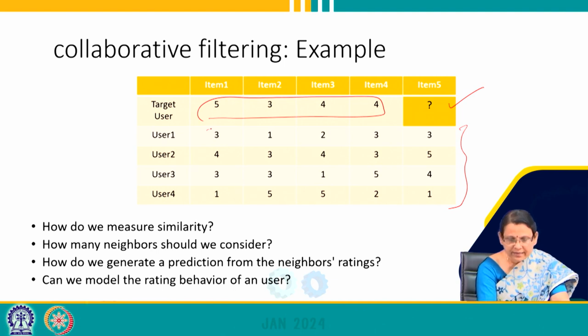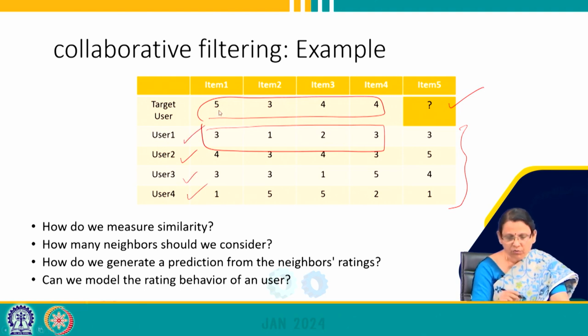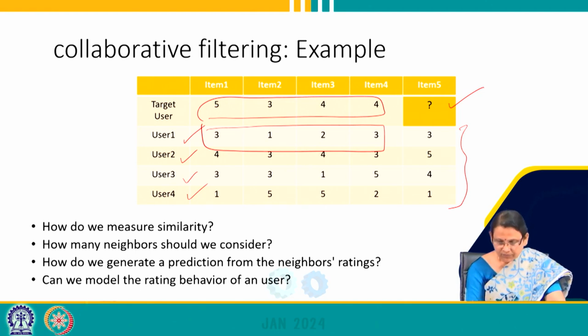So, its similarity based on this rating with users 1, 2, 3 and 4 can be found, and based on this similarity, using a certain procedure, we will be able to predict, because these users have already rated this. Some kind of weighted average value will come here, weights being the similarity.